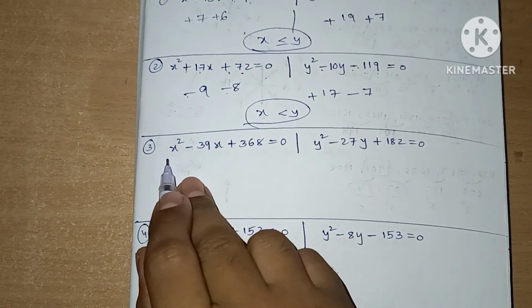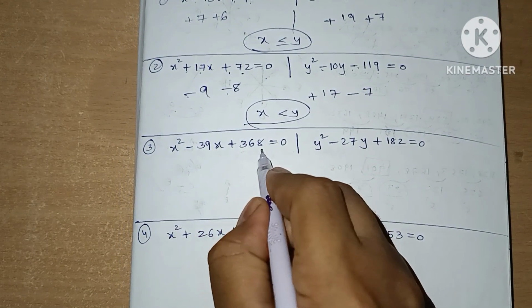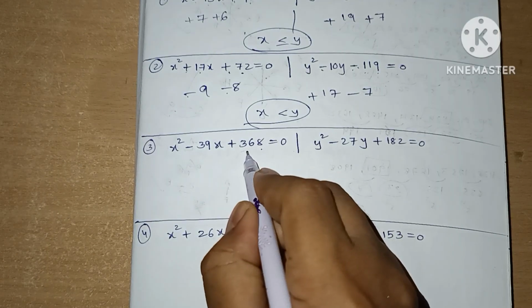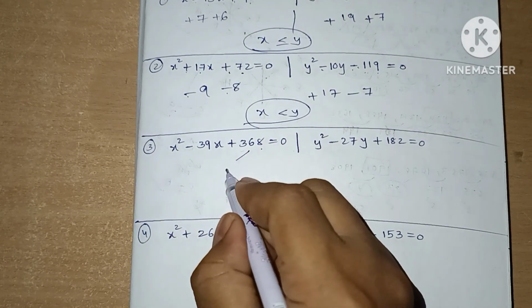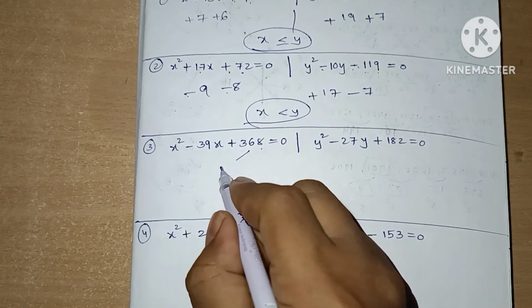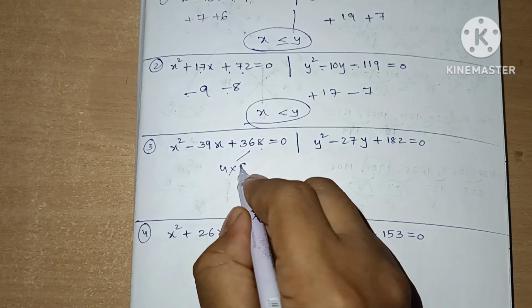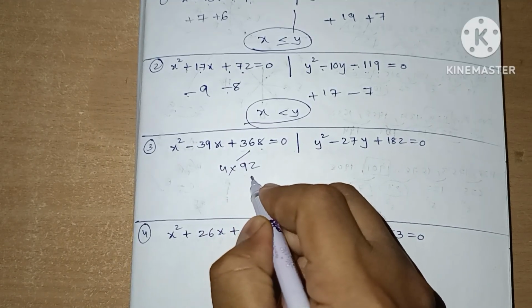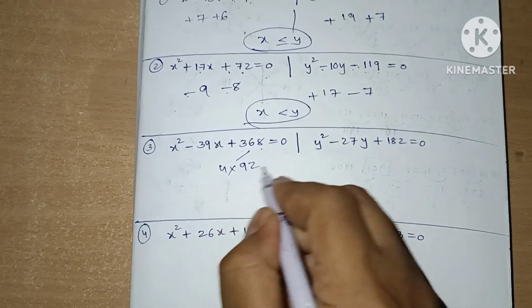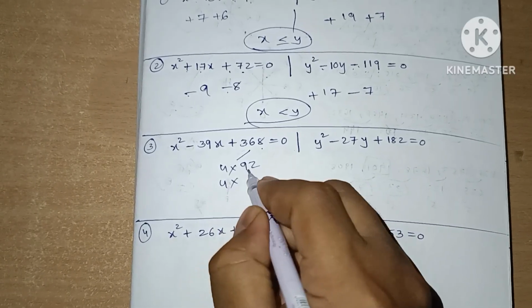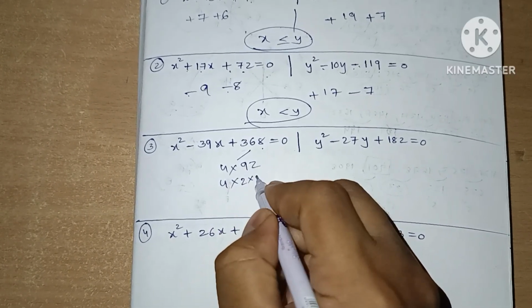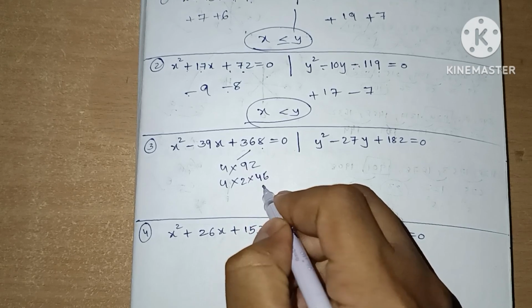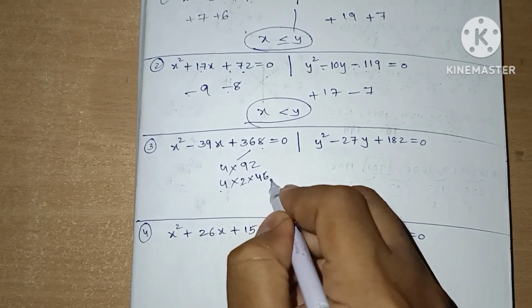Okay, next, third one. Here 368, I don't know the exact factor, so I'll divide this as 4 nines and 4 twos. I further divide as 4 into 2, 46 times, 8 and 46.